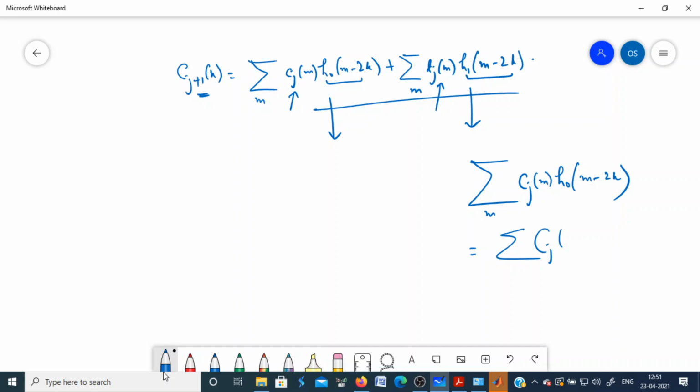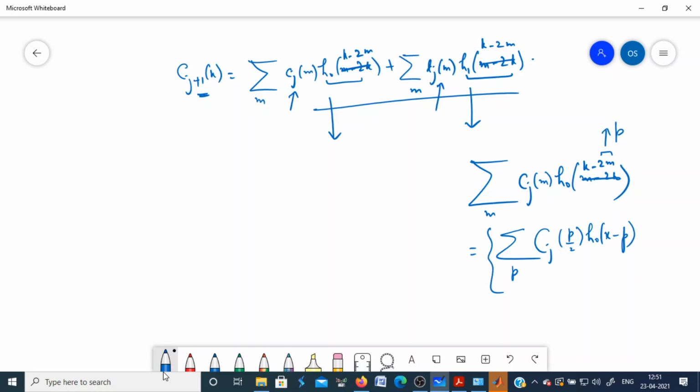If you replace 2m with some variable, maybe p, it will become Cj of p by 2 into h naught of k minus p summation over p.